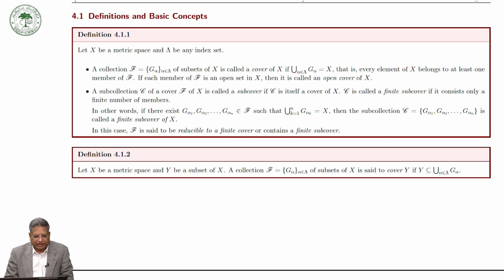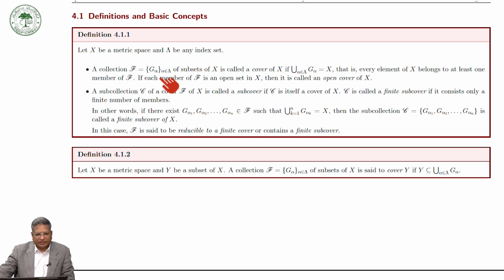So you know that a collection of subsets of a metric space X is called a cover of X if X is equal to the union of the G alpha, where G alpha is a subset of F. If each G alpha is open, then this cover is called an open cover, and if this is finite, then it is called a finite cover.